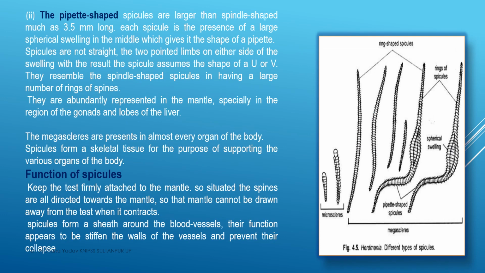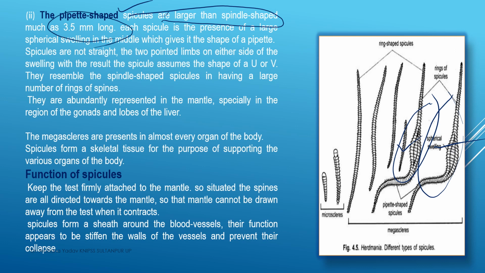Now here about pipette shaped spicules. This one, they are pipette shaped spicules, and they are larger than spindle shaped and have an approximately 3.5 millimeter size. They are 3.5 millimeter in length.